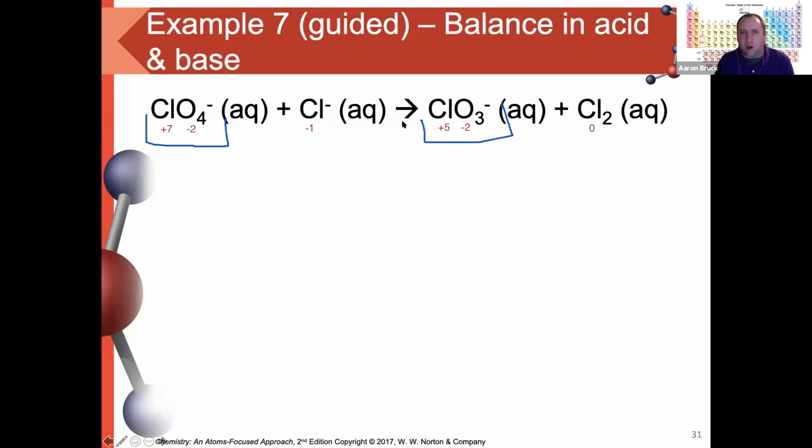This is what we would call a matched pair. The difference between them is only 1 oxygen or 2 oxygens or something like that. Whereas the chloride and the chlorine here, that's another matched pair. I'll actually change their color here to make it a little easier to see.